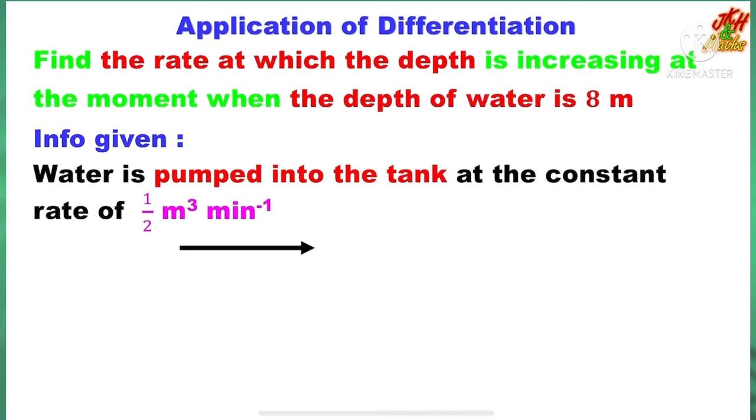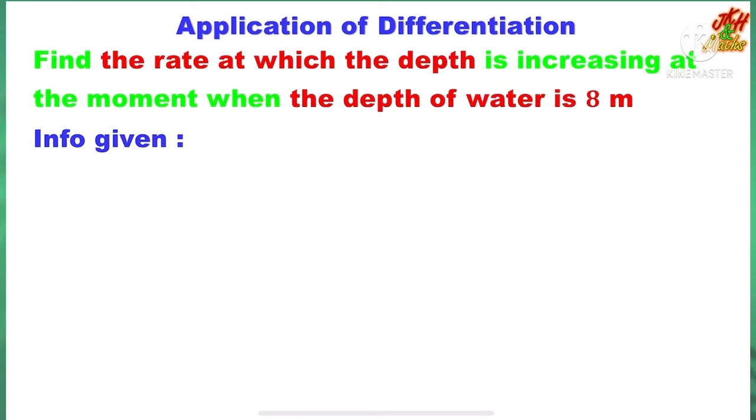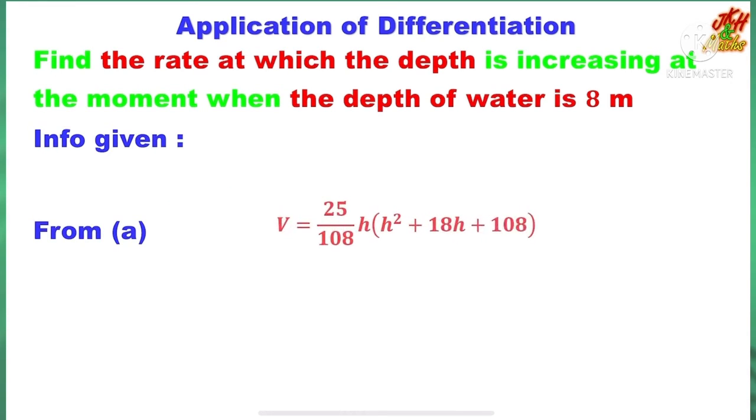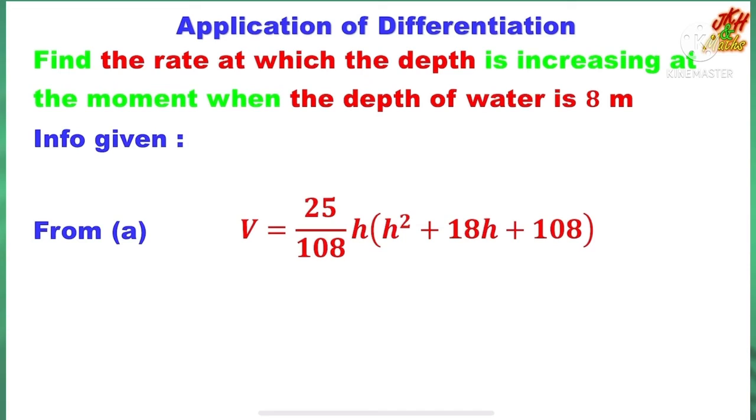So this gives us the information dV/dt is equal to 1/2 meter cube per minute. So from (a), we know that V is equal to 25π/108 h multiplied by the bracket h² + 18h + 108.